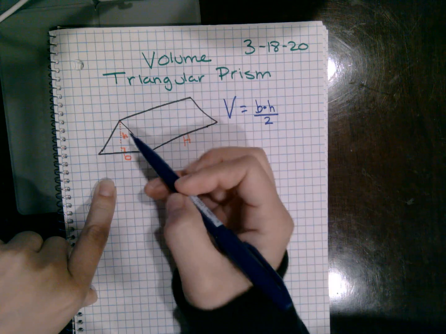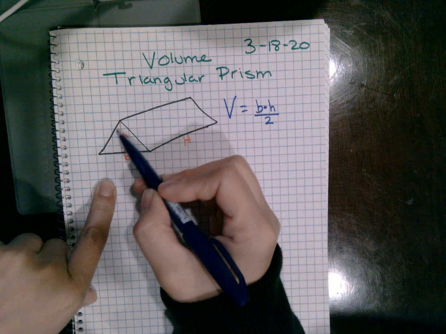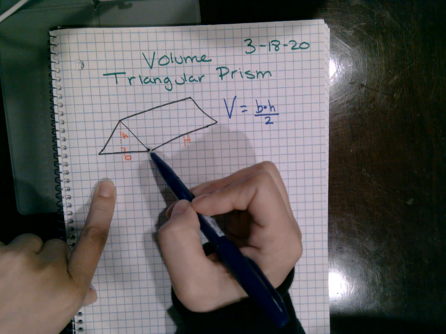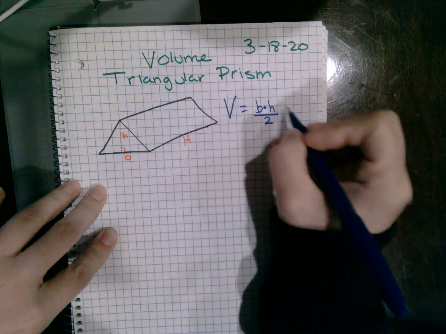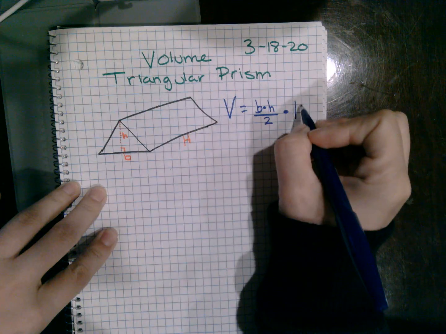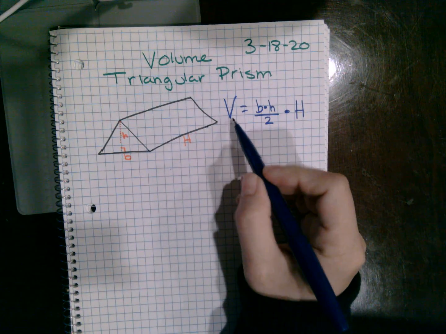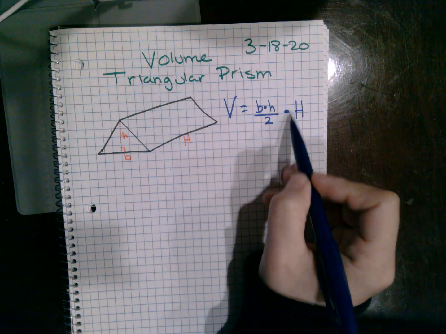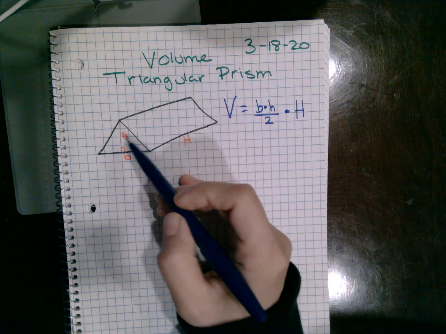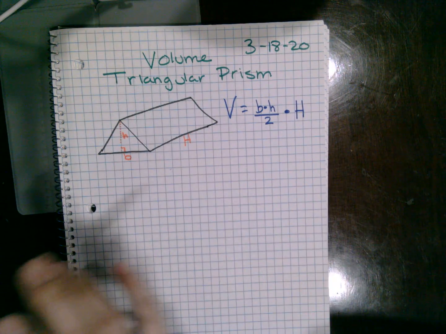That part is just the area of your base, which is a triangle. You take that and multiply it by your big height. So volume for a triangular prism is base times height divided by 2, multiplied by your big H. That's basically the formula.